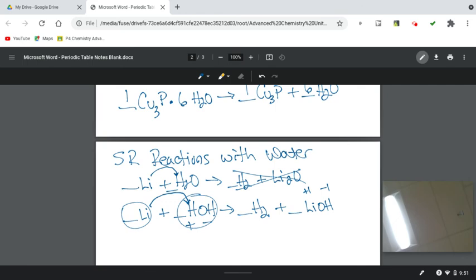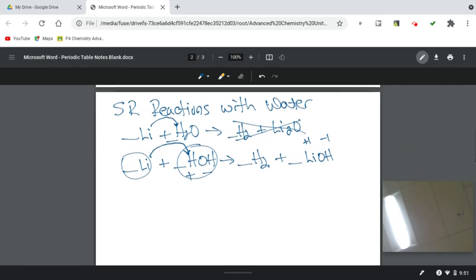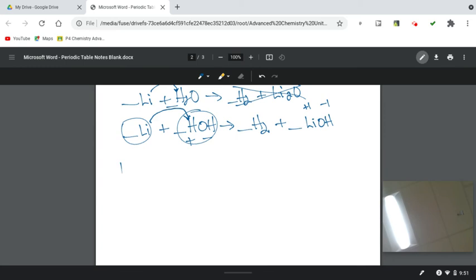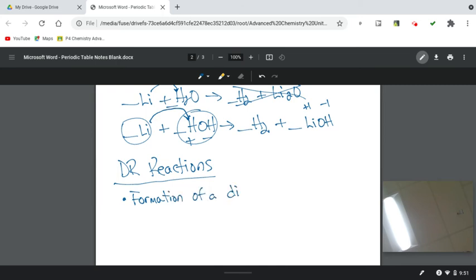The last exception that I'm going to teach you guys has to do with double replacement reactions. Now, sometimes in a double replacement reaction, we get the formation of a diprotic acid. So this is a product.